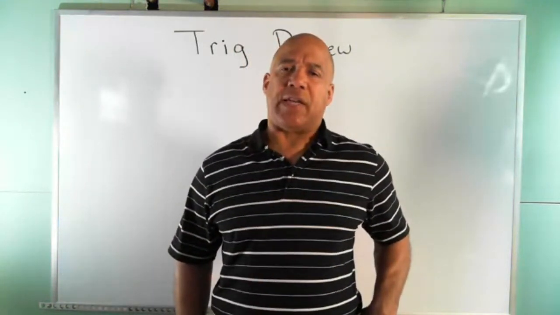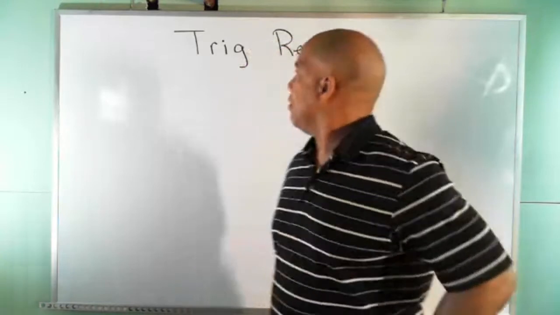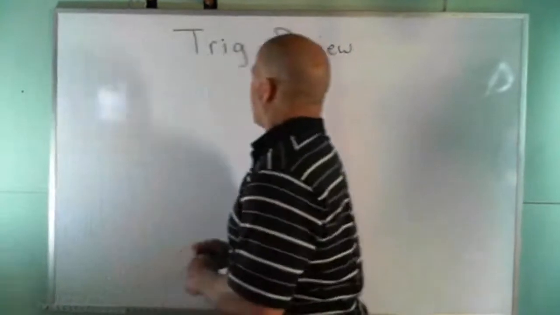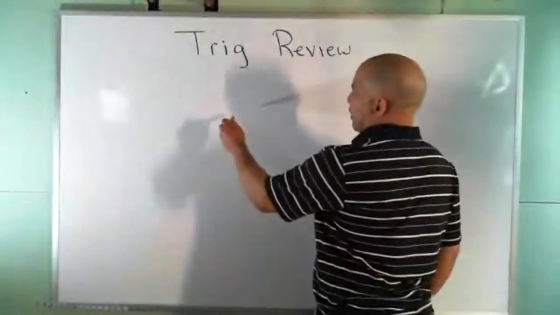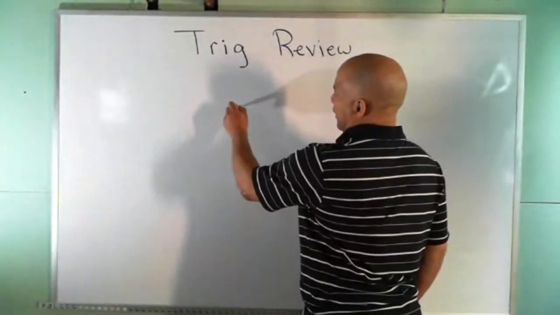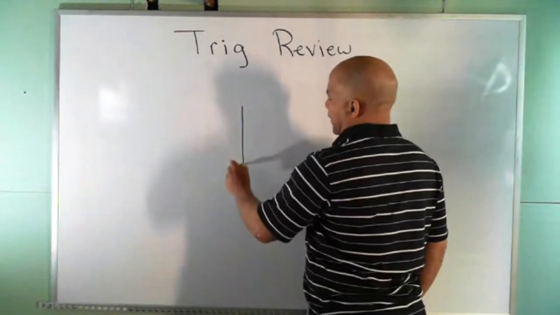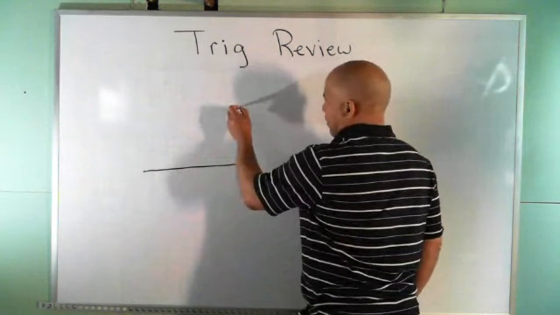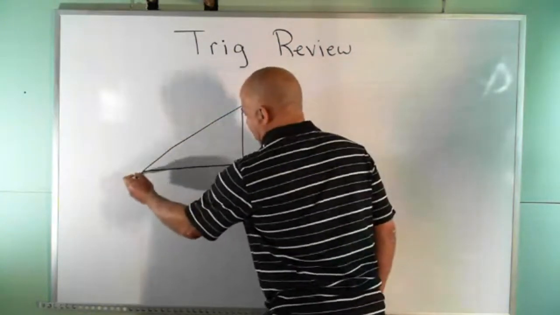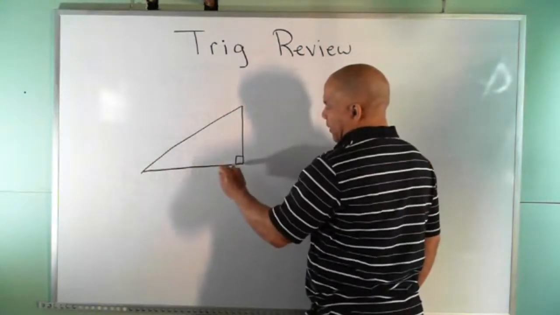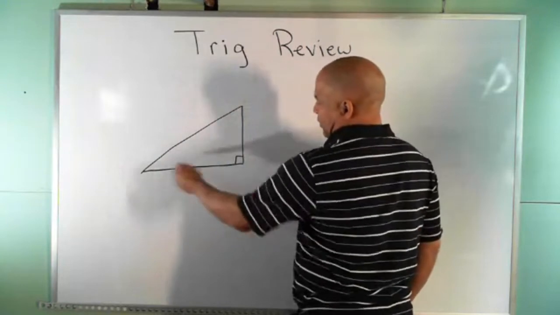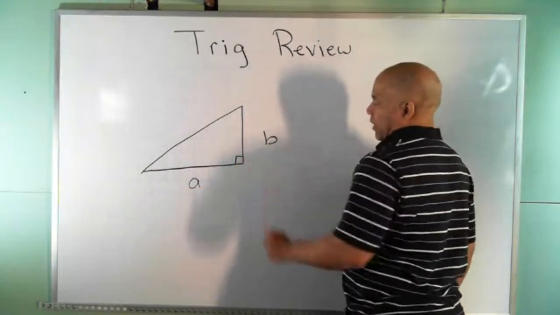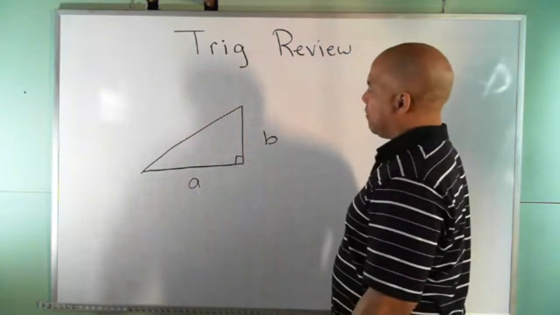So let me start this by doing a review on trig, and this is right triangle trig, and everybody knows, I'm sure, that you've seen the relationship when I have a right triangle. They're showing a right triangle by putting this little box here, and these parts of the right triangle, they call those the legs of the triangle.